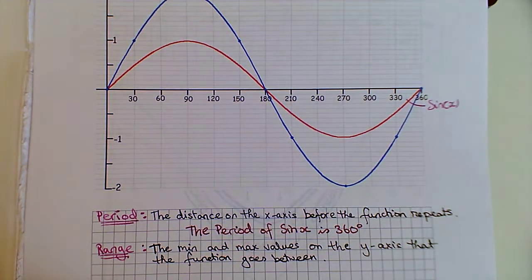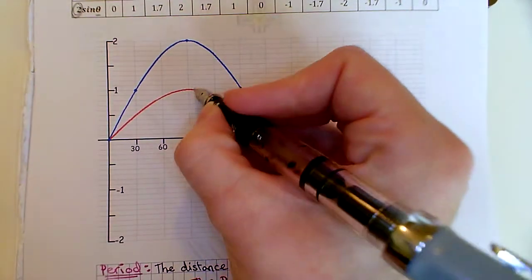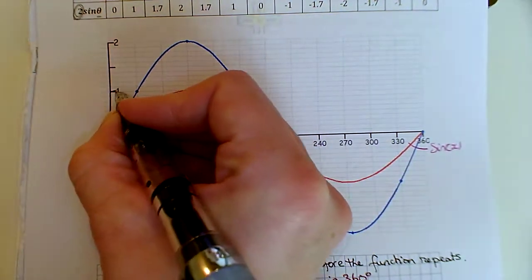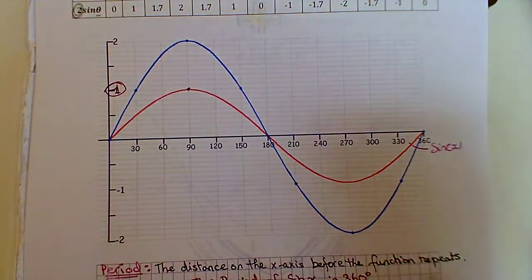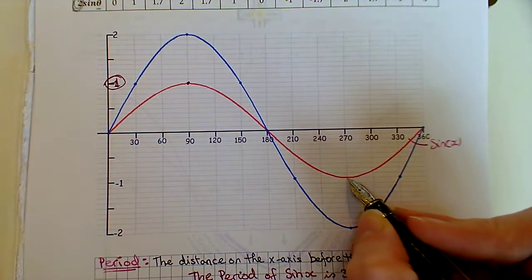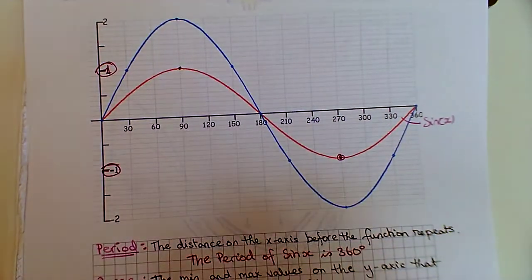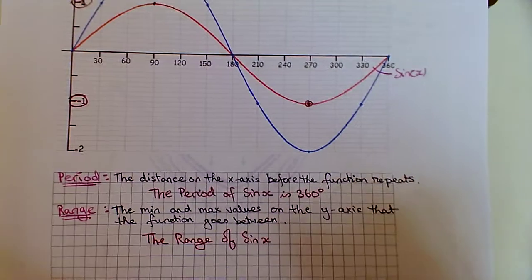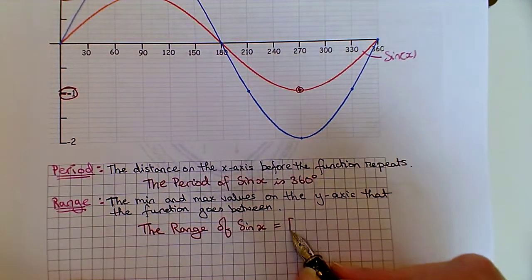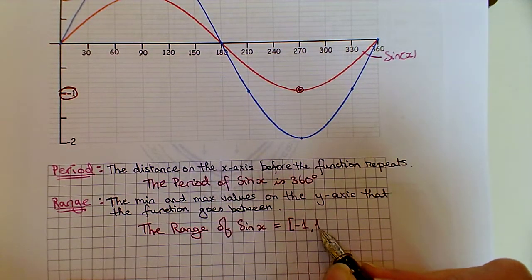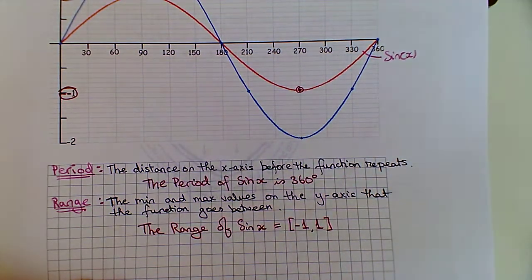And of course we can see, looking at our red graph again, and we knew this, the maximum value that sine of x ever gets to is 1. So we already knew that. And the minimum value that sine of x ever gets to is -1. So the range of sine of x, and we write it like this, is -1 to +1. The range of sine of x is between -1 and +1.